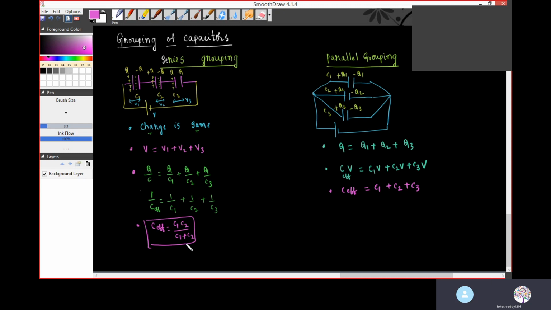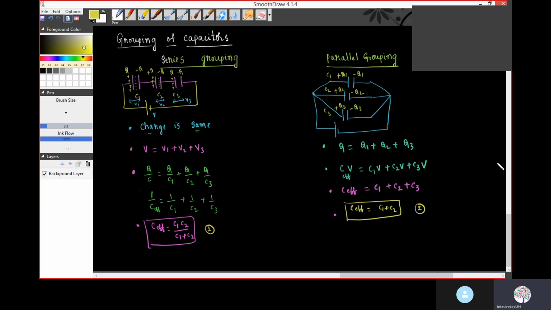If only two capacitors are there, then you see another important one: what is the potential if only two are there?